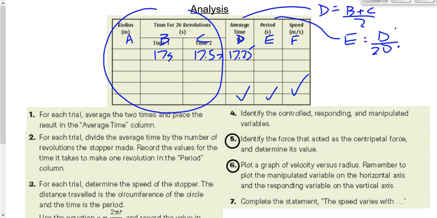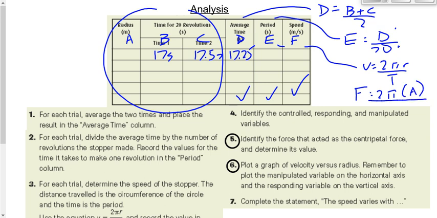So whatever you get for column D divided by 20. Now column F, this is going to be 2 pi r, speed is 2 pi r divided by t, right? Which means that column F is going to be 2 times pi times r. The radius is A divided by the period, which is column E. Does that make some sense, guys?